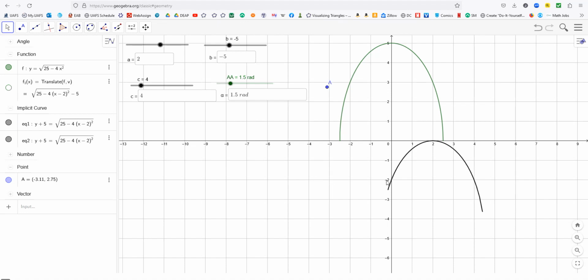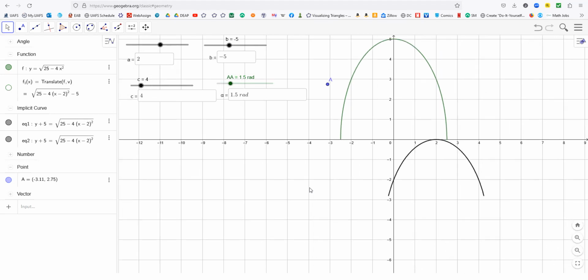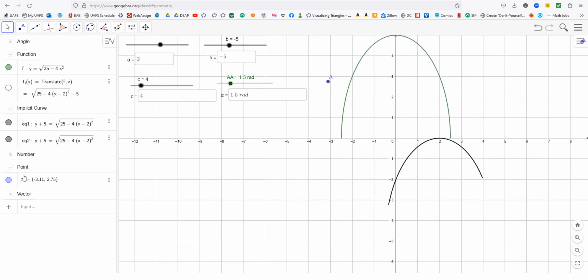Huh. It's not liking the graph. I don't get it. It should look just like that one. It should look like that translated image. Okay, but you get the idea at least of what's happening there with trying the formulas.